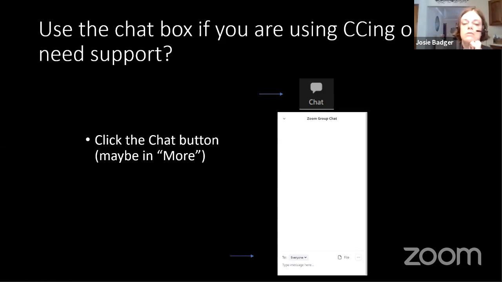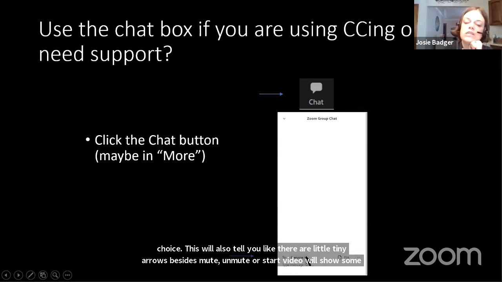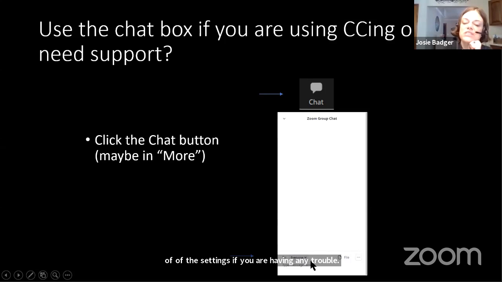I think we talked about this, but this is the chat box. Down here where it says everyone, if you can see it behind the captioning, you can pick who you want that message to go to, and then you type and push enter to submit it.